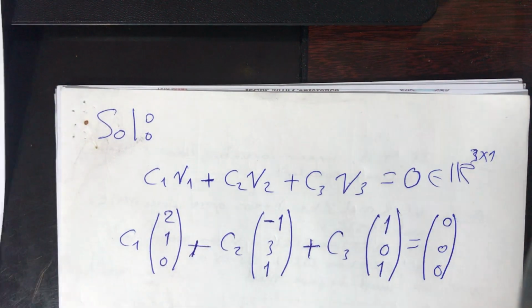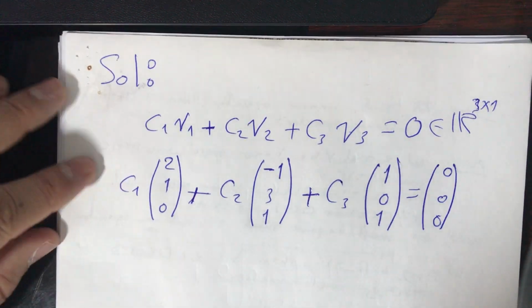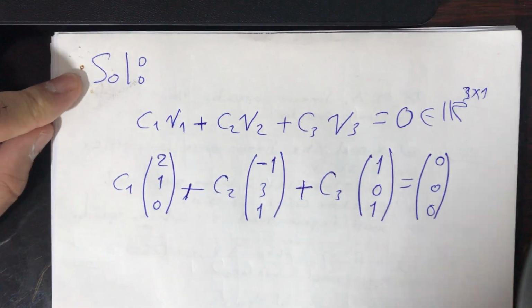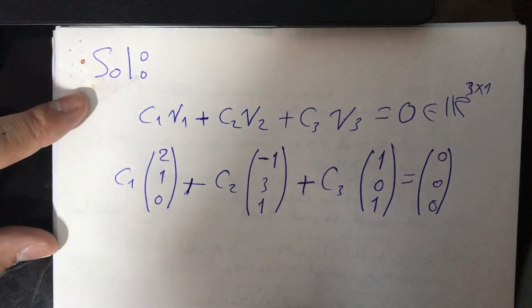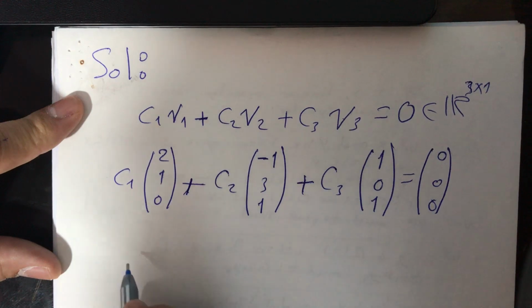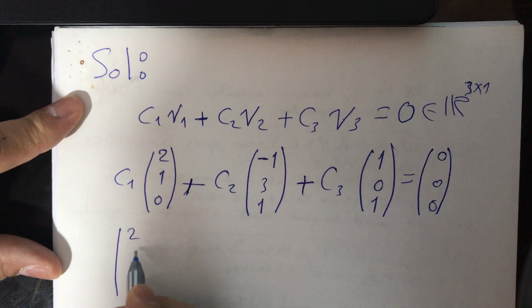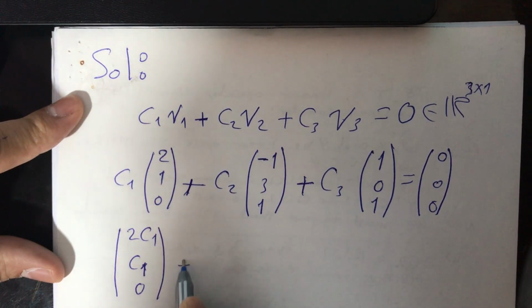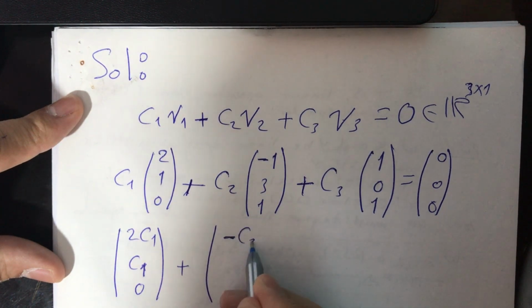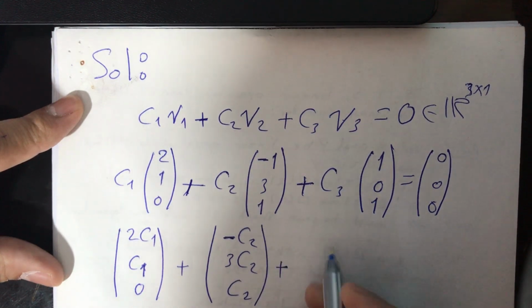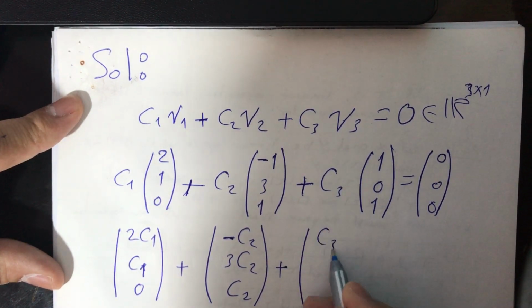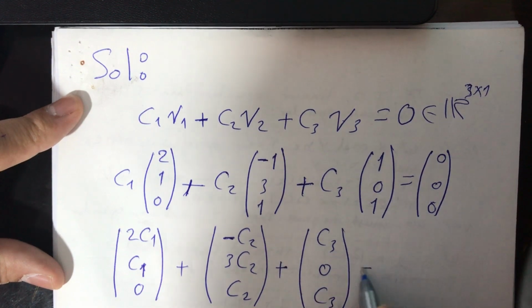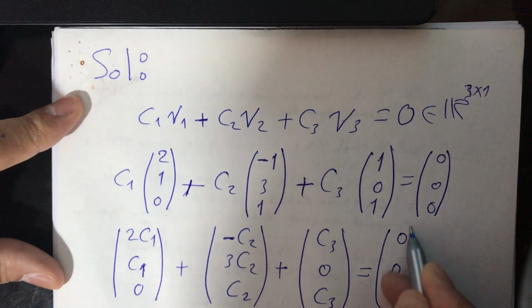This is an example. Try to show whether this is linear independent or linear dependent. So move the c's inside: 2c1, 1c1, 0 plus -c2, 3c2, c2 plus c3, 0, c3, and this is equal to (0, 0, 0).